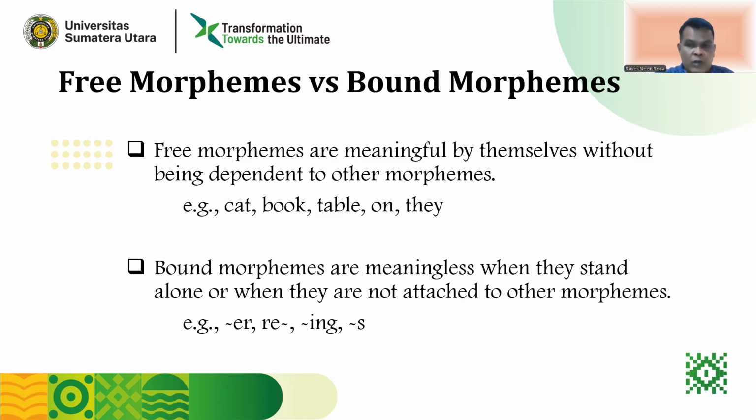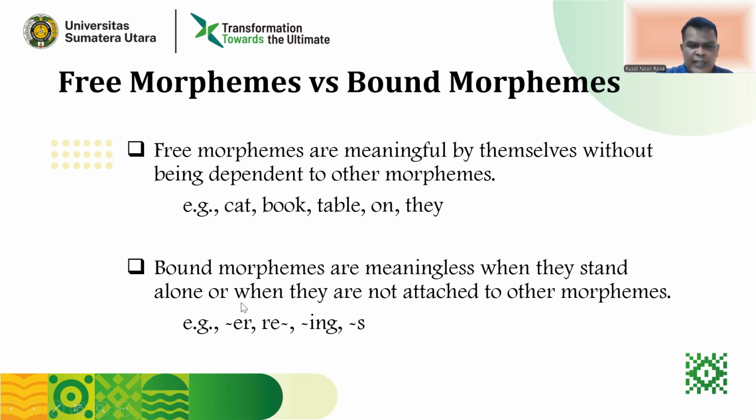Before they are attached to other morphemes, they have no consistent meaning. For example, suffix er, prefix re, and then suffix in, and suffix s. These are a few examples of bound morphemes.